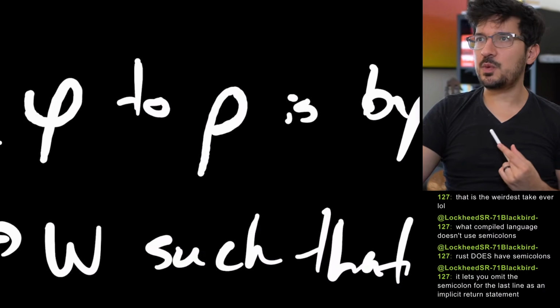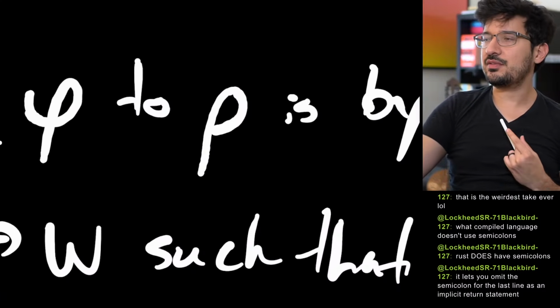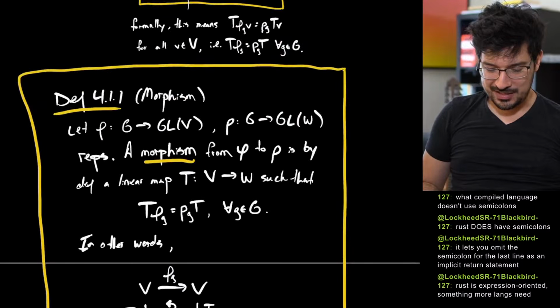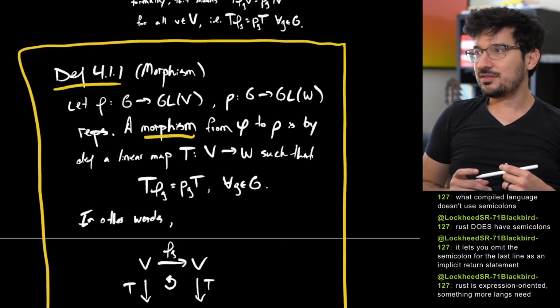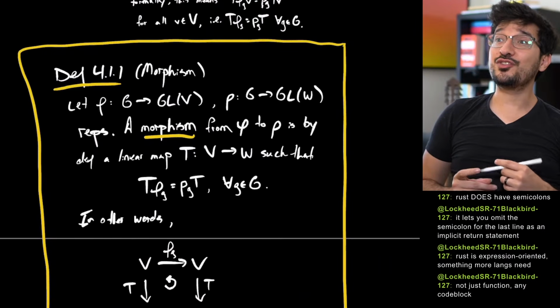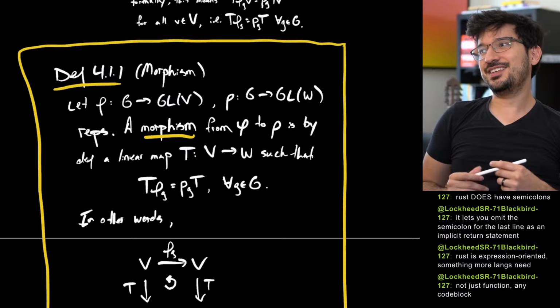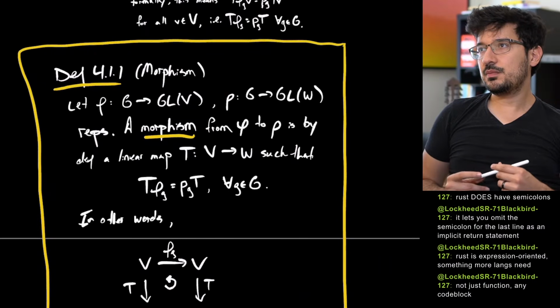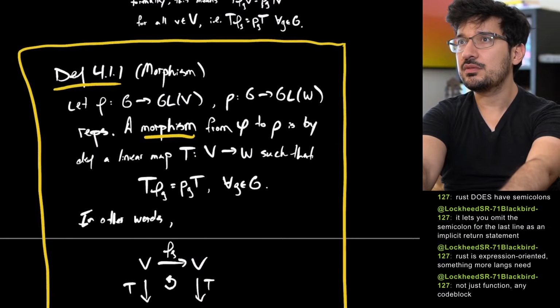Now I have an argument for why you should use Swift instead of Rust. Heck yeah. Now I have a new argument for why you should write Swift instead of Rust. Huh. What compiled language doesn't use semicolons? Swift. Dude, Swift. It lets you omit the semicolon for the last line as an implicit return. Rust is expression-oriented, something more languages need, not just function any code block. Yeah, Swift does that. Does Elixir require semicolons?